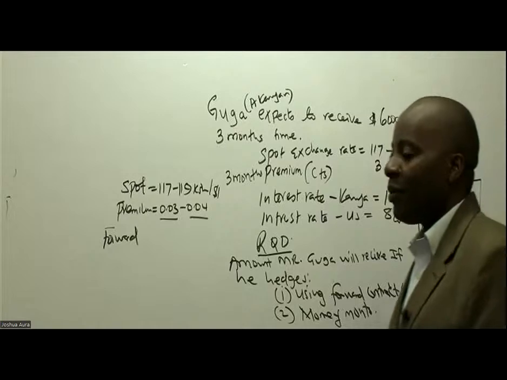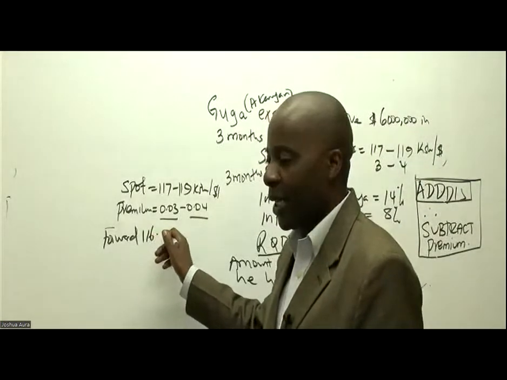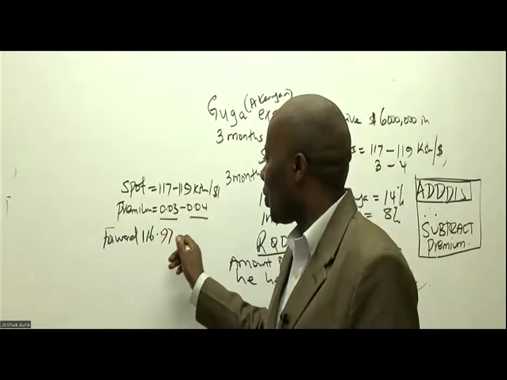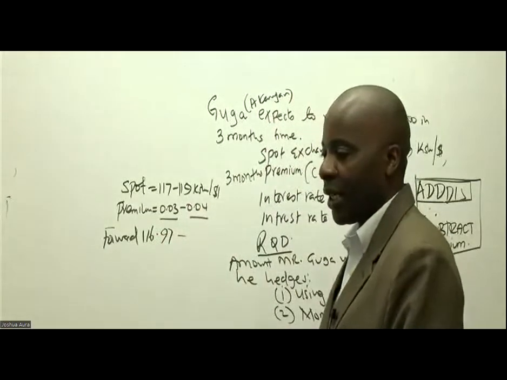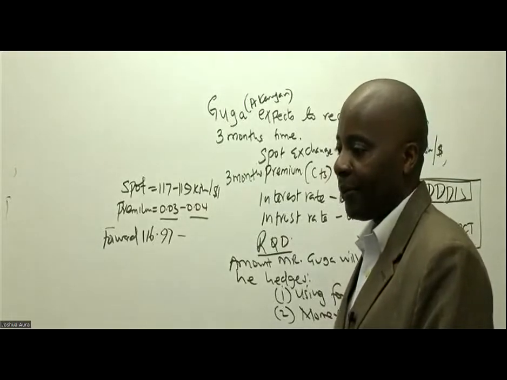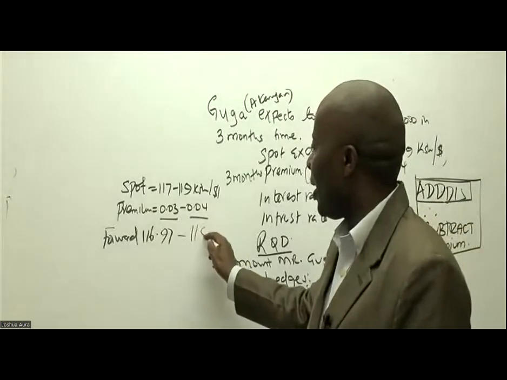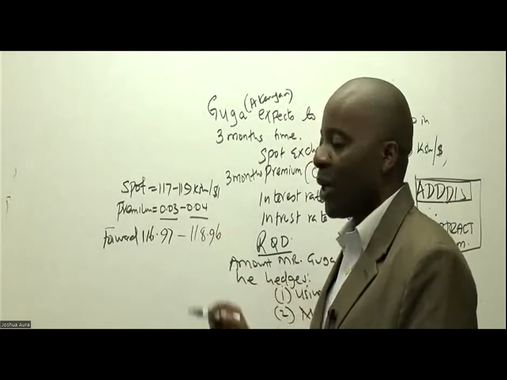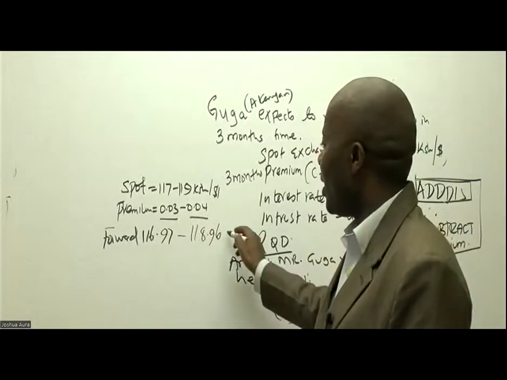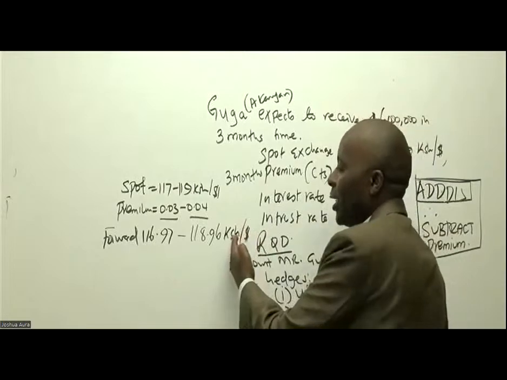So Marietta has given me a figure here, 116.97 to, how about this? To what here, somebody? To 118.96. Remember Guga is Kenyan, so the Kenya shilling currency is on this side.